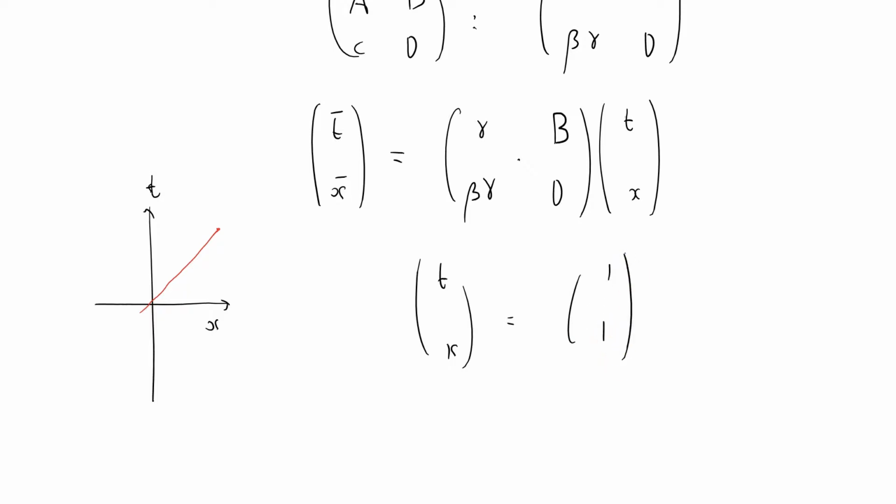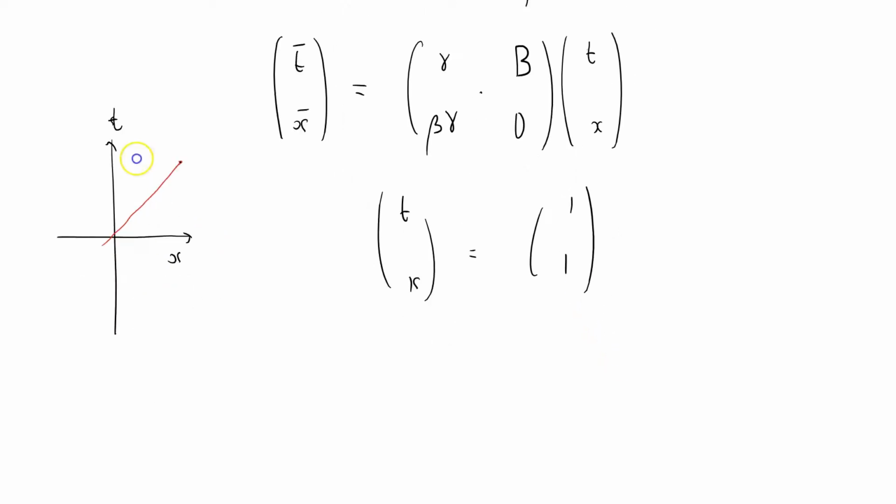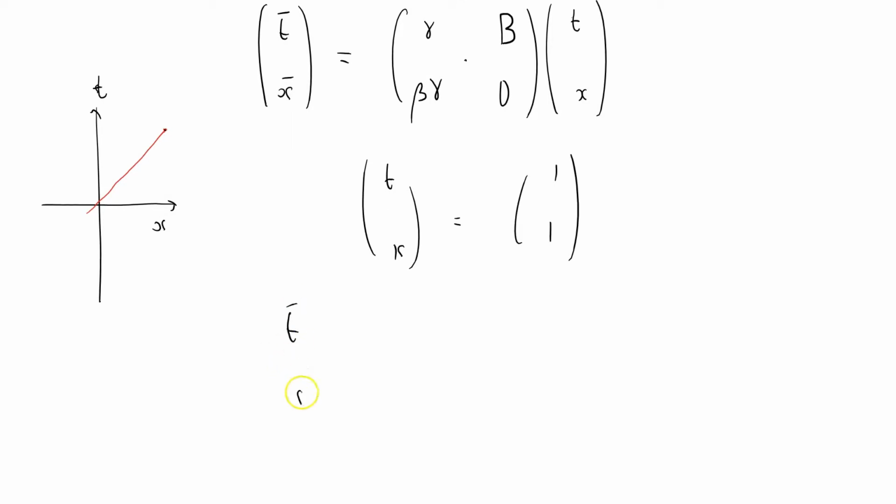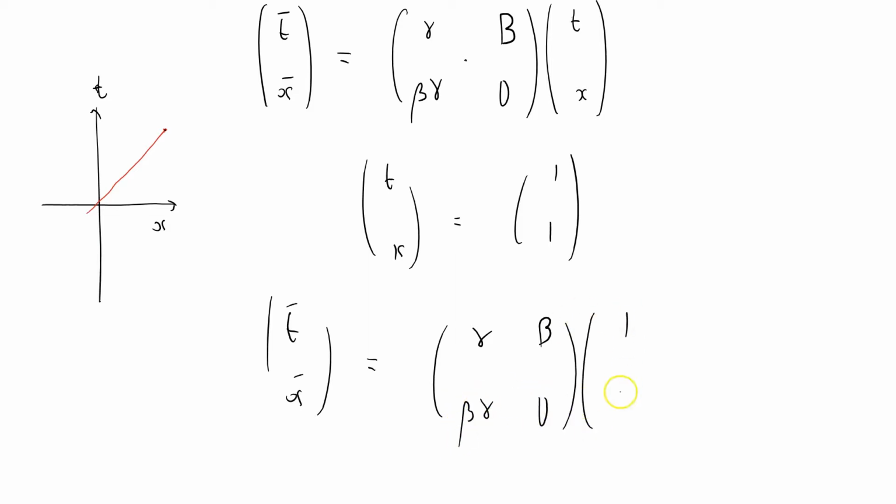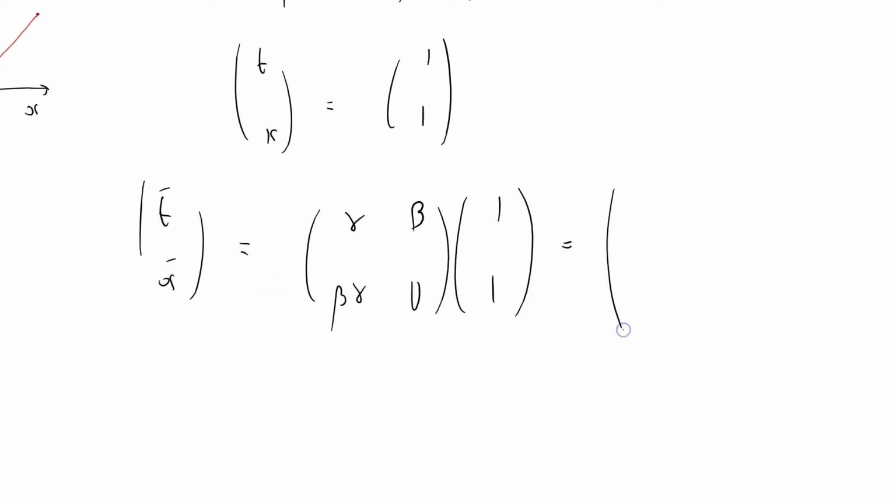So it's a null geodesic, a null path. So t bar, x bar equals gamma, b, beta gamma, d, times 1, 1, which equals gamma plus b, beta gamma plus d. There it is. So what I can do now is I know that delta s squared, the squared interval, is delta s bar squared.